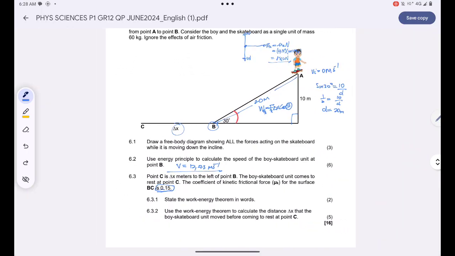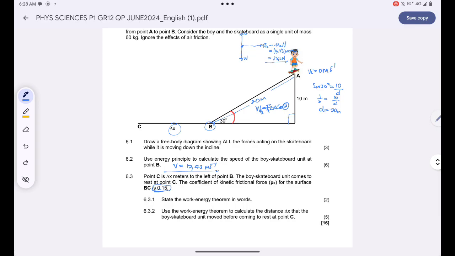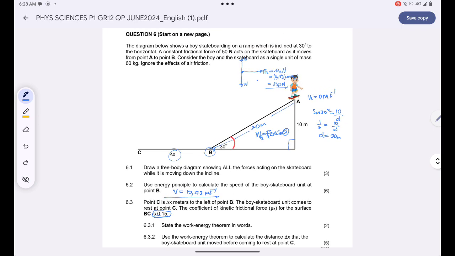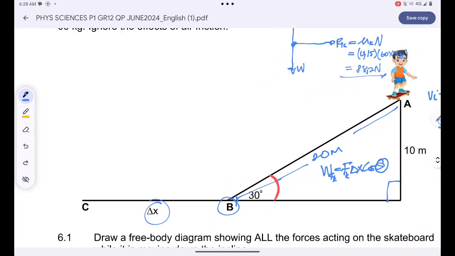And then now they want us to use work energy theorem to calculate the distance. Okay, we can simply use work net is equal to the change in kinetic energy. We'll only focus on the forces that are acting horizontally, because the ones which are acting perpendicular, they do no work on the object. So the only force acting there is just a frictional force.